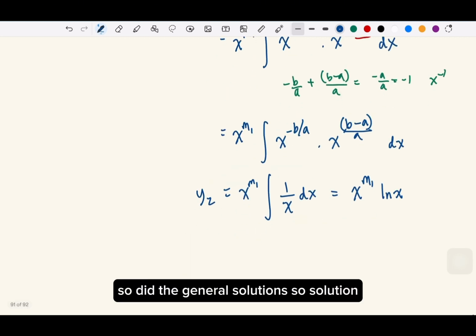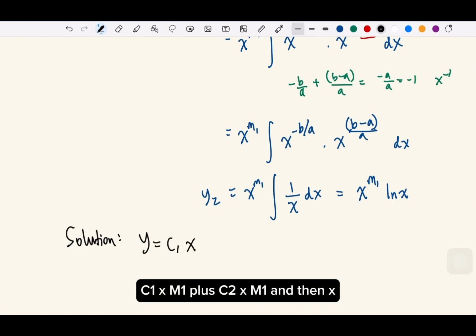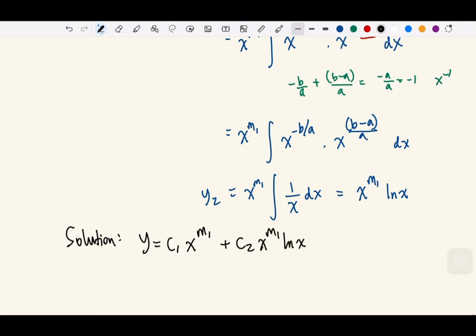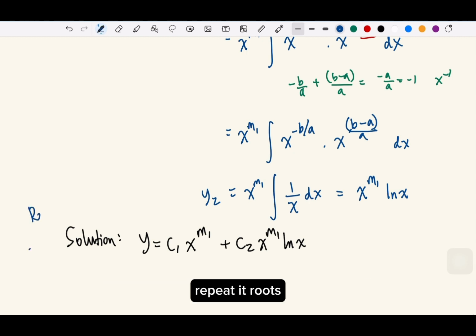So the general solution is c1 x to the m1 plus c2 x to the m1 ln x. So this is the solution for repeated roots, okay?